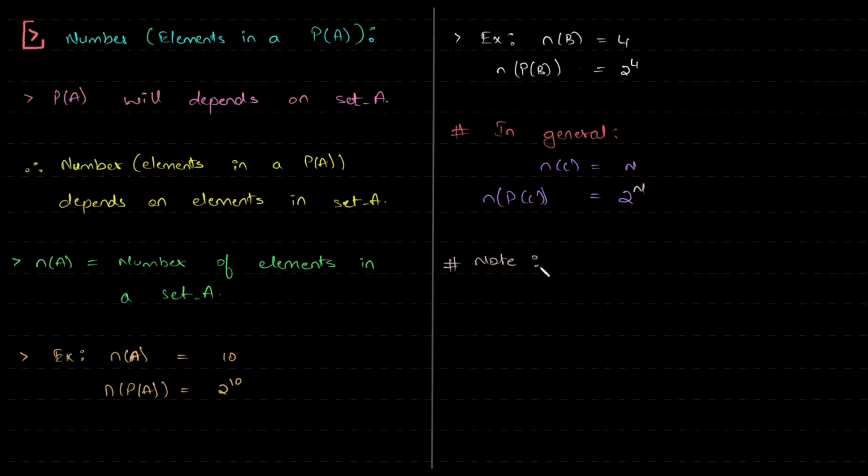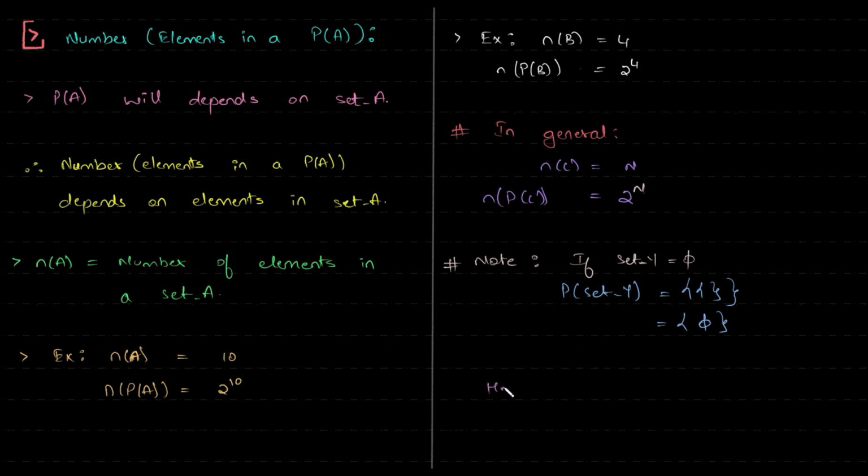A small note: say I have a set Y, which is nothing but a null set. Then the power set of this set Y would be something like this, or something like this. They are one and the same, just that the symbols are different.